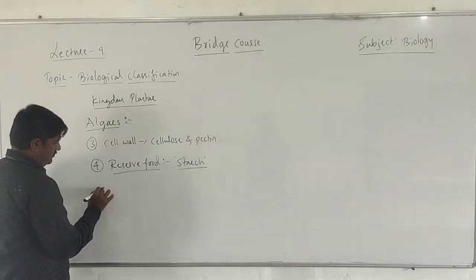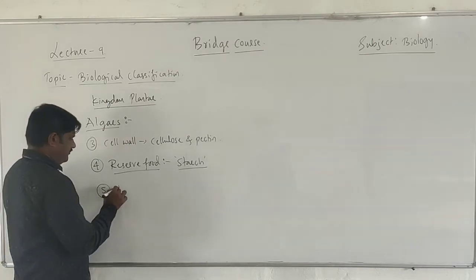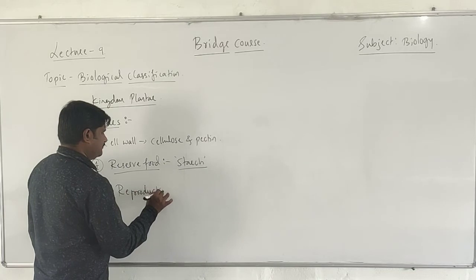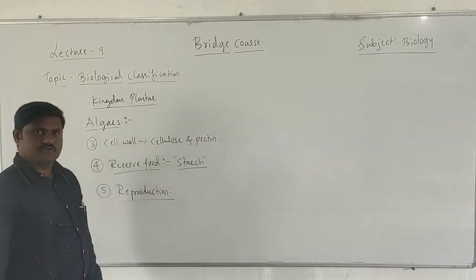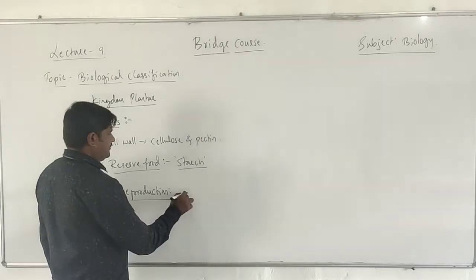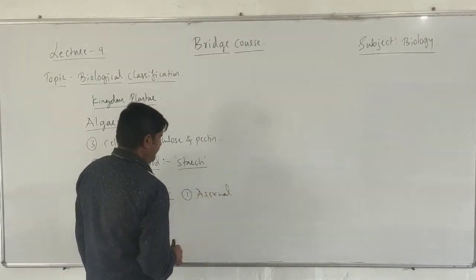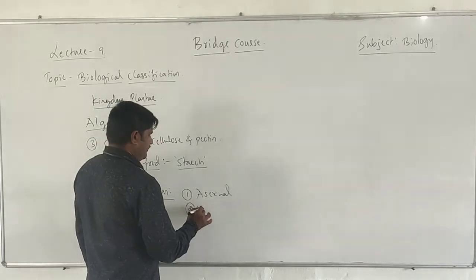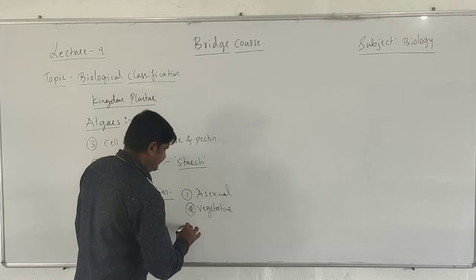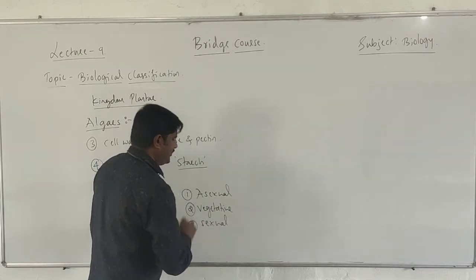And the next characteristic feature is a major one, reproduction. As we go through reproduction in algae, it takes place mainly by asexual type of reproduction. Second one, vegetative type of reproduction. Third one, sexual type of reproduction.